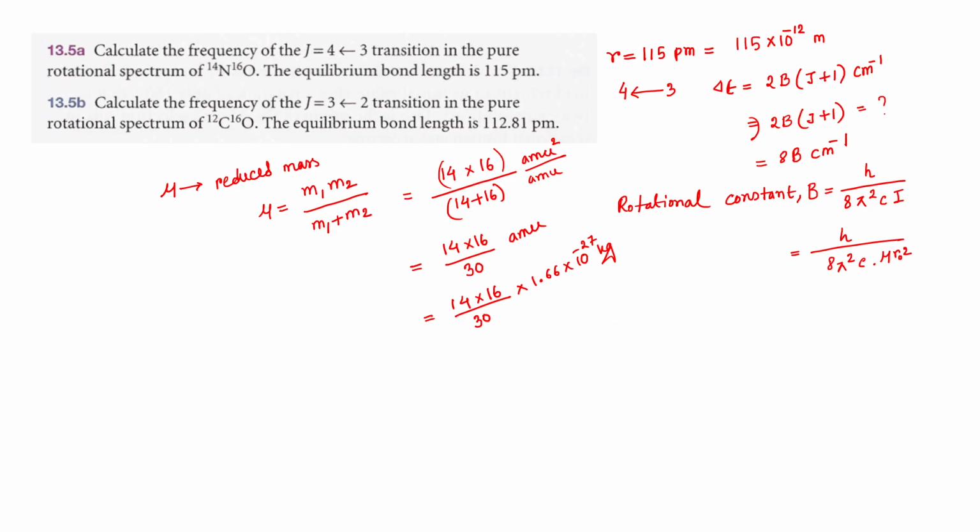So I will calculate B again here. So what is my B? B is h, the Planck constant, right? 6.626 into 10 to the power minus 34 joule second.